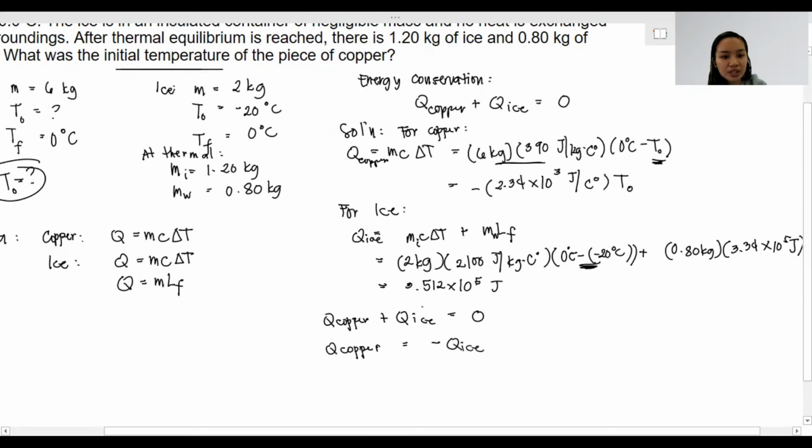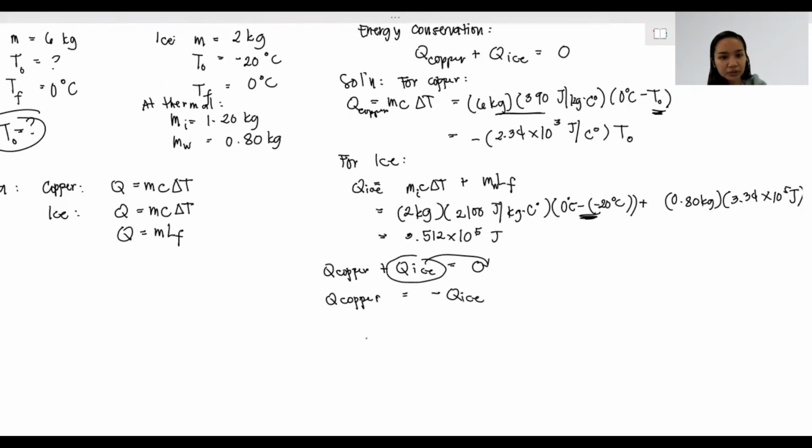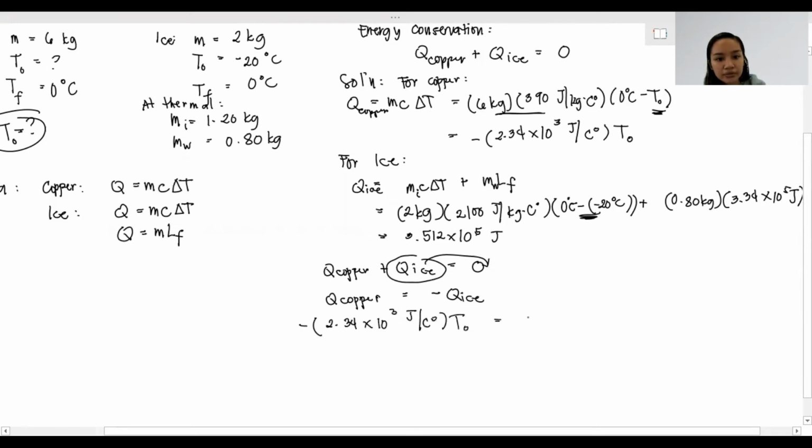If we transpose this positive Q ice to the other side, it will become negative. So kaya naging ganito, mawawala na yung 0. Now, I will write the value that we obtained. We have negative 2.34 times 10 raised to 3 joules per degree Celsius T naught is equal to negative 3.512 times 10 raised to 5 joules.